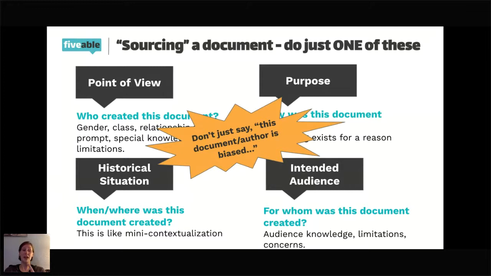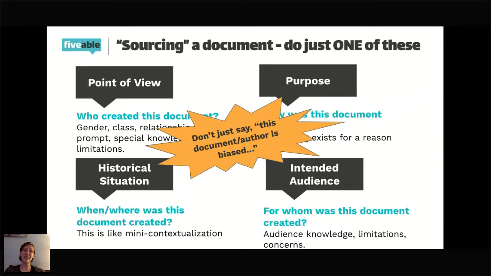Number one, it's lazy analysis, because far too often, students who start a sourcing analysis with "this document is biased" don't then go on to explain how that bias affects the document itself, right? We use bias as a shorthand for unreliable. And a document might be unreliable, but we need to know that you understand why that document is unreliable.